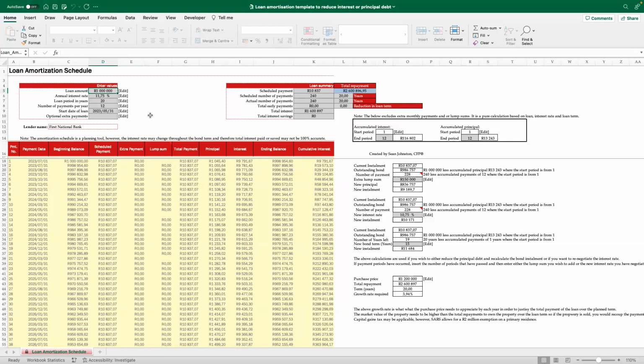This is rounded off. I have removed the decimal, so if you do calculate it yourself, there might be a slight variance there, just simply because there's rounding taking place. But generally speaking, if you were to do the calculation, you should get exactly the same.